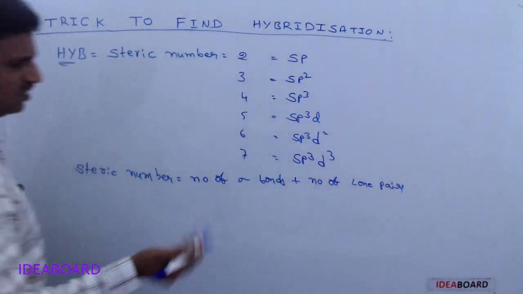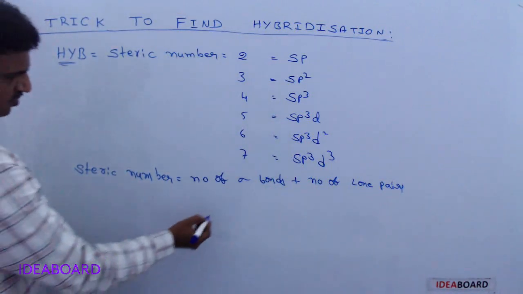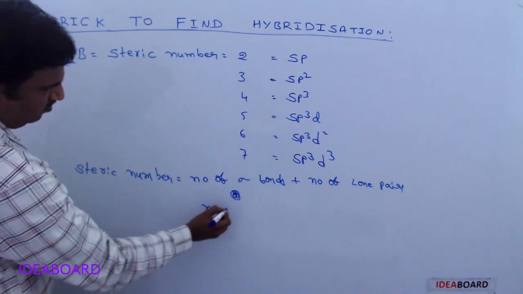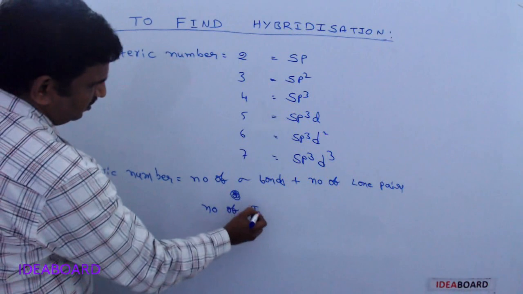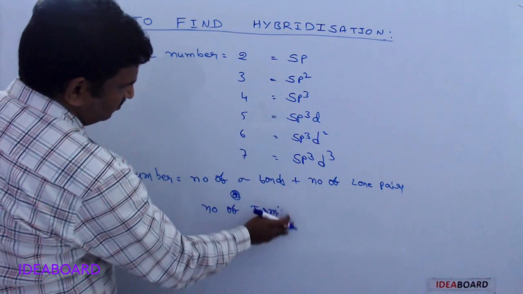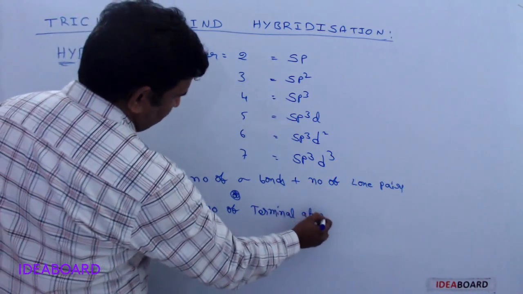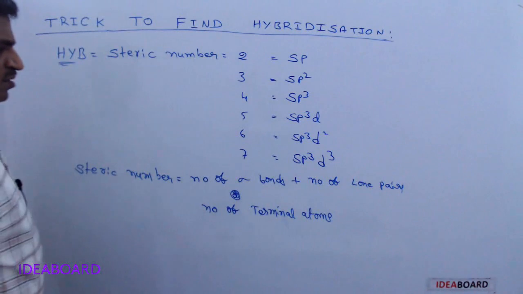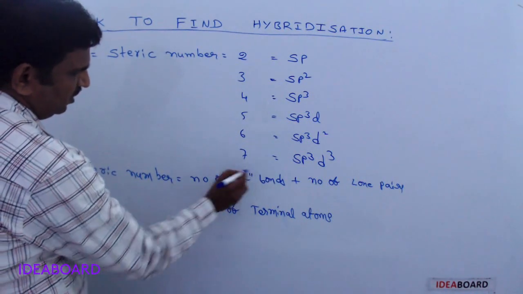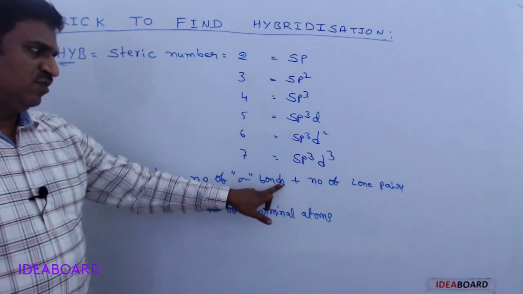Some books give it as the number of terminal atoms, since the number of terminal atoms is equal to the number of sigma bonds. So steric number is equal to number of sigma bonds plus number of lone pairs.